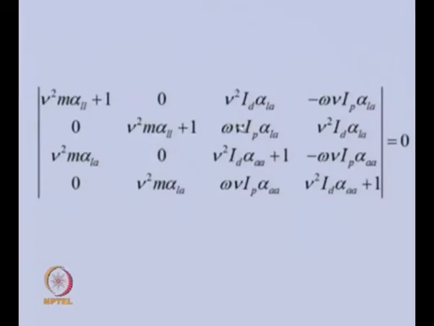So, both nu and omega are appearing. If we take the determinant of this, we will get a polynomial in terms of whirl frequency of the order of 8th degree, and the roots of that will be the whirl frequency, and for each omega spin speed we need to find out. So, we have seen how to get the whirl frequency by obtaining the frequency equation.